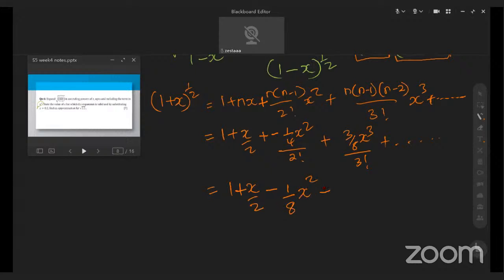Please work out this one here. 1 out of 16. 3 factorial will be 3 times 2 times 1, which will be 6. So when you bring it through, we shall get 16 x to the power 3, on and on.